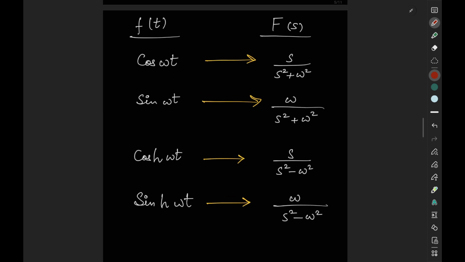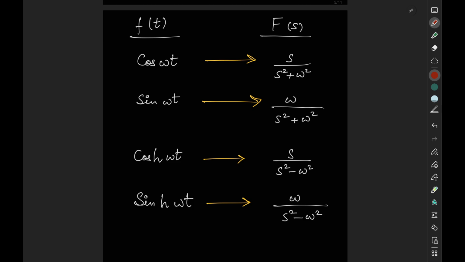Let's see some more functions. For cos omega t, the Laplace will be s upon s square plus omega square. For sin omega t, omega upon s square plus omega square. For cos hyperbolic omega t, the Laplace will be s upon s square minus omega square. And for sin hyperbolic omega t, it is omega upon s square minus omega square.